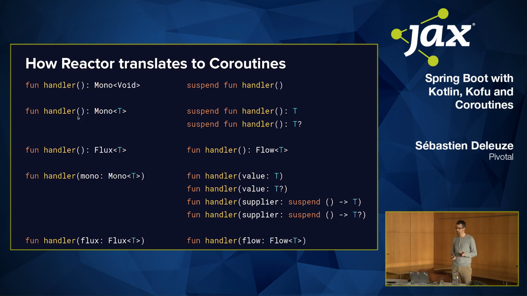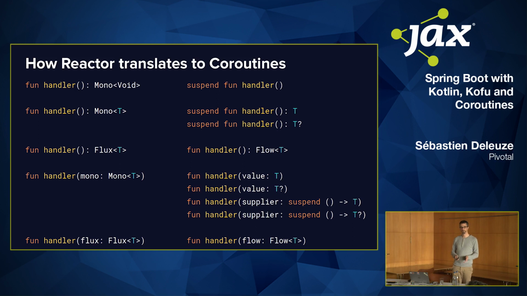You just add this suspend keyword. That means that the call can imply some slow computation, some latency, etc. A handler function that returns a Mono of T will be translated to a suspending function that returns T or nullable T, depending on if you want to allow an empty value or not.